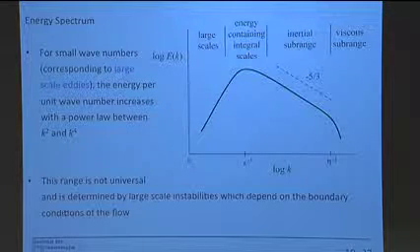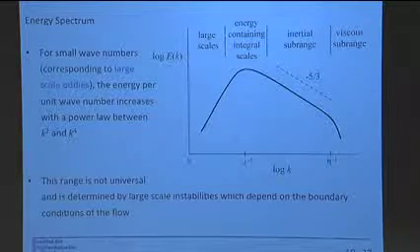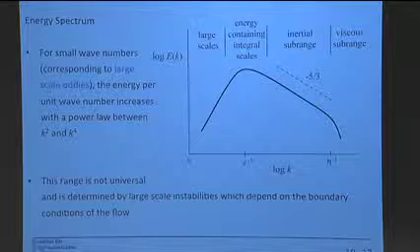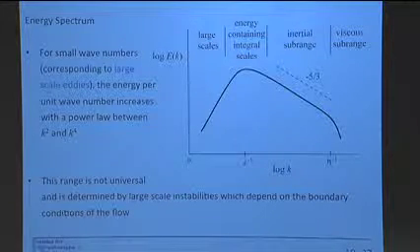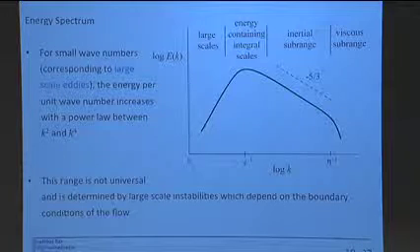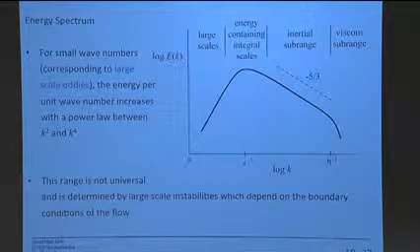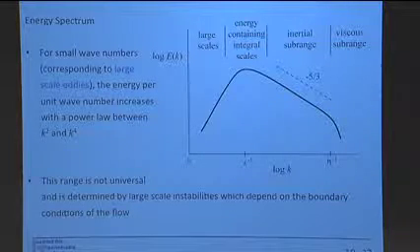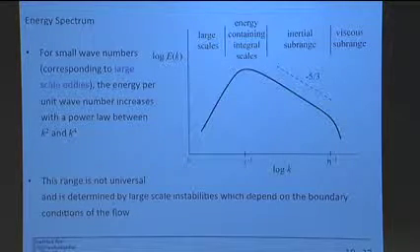And then when you go to very, very small scales, this very high wave number, there's not much energy in these small scales, but the gradients become very large, as I mentioned, and viscous dissipation becomes important. So here the kinetic energy totally goes away because of dissipation.